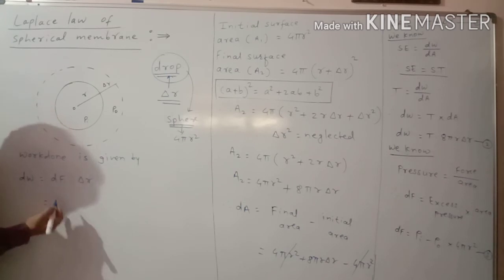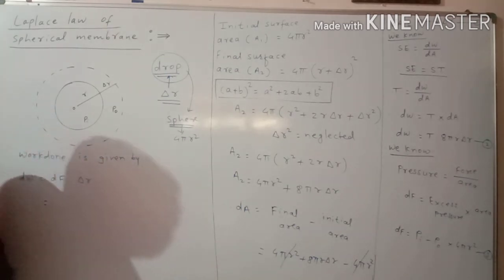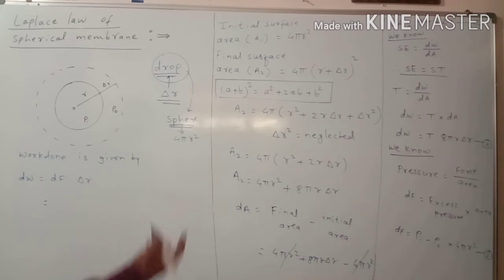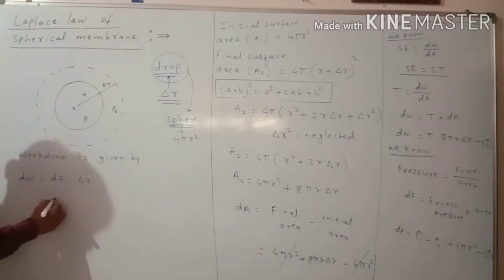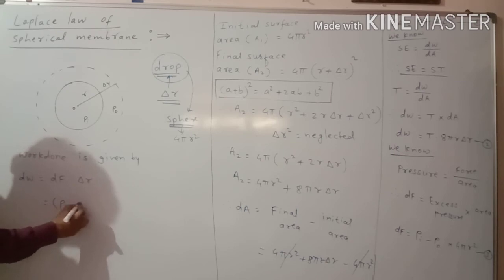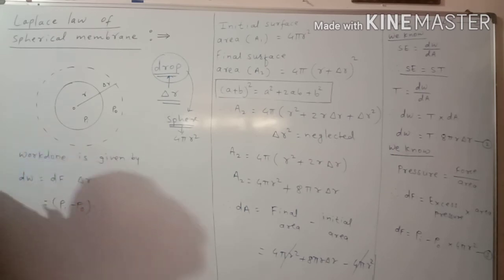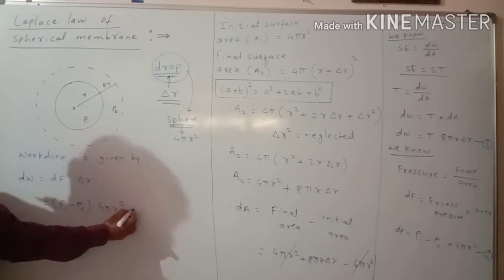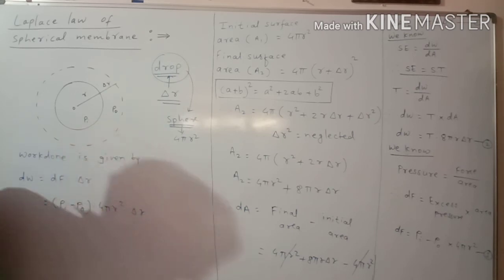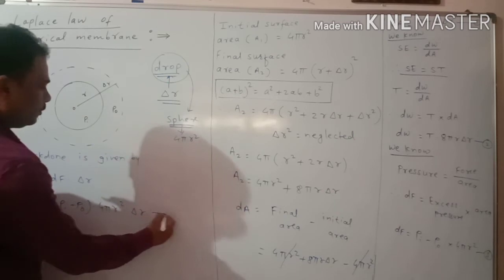Now we have the formula for excess force in equation 3. Excess force is equal to Pi minus P naught into 4 pi r square into delta r. So this is equation number 4.